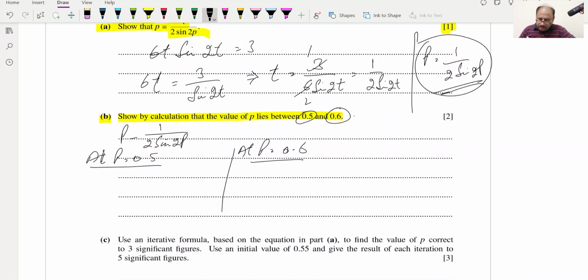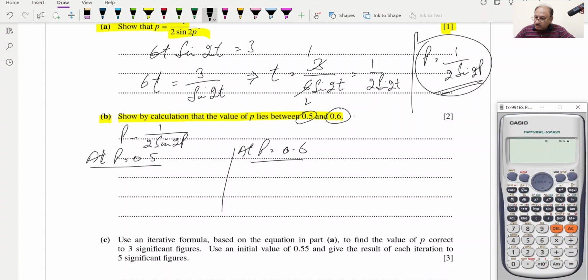So we can check with the help of a calculator. So instead of p, we are writing x, minus 1 over 2 sine of 2x, and calculate for x is equal to 0.5. Basically we have to use the radian mode.